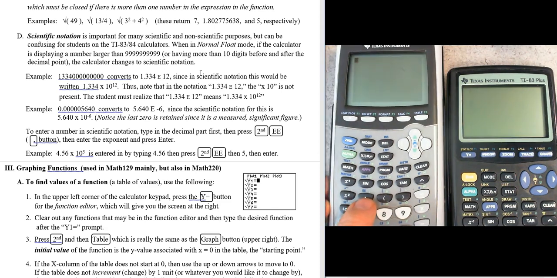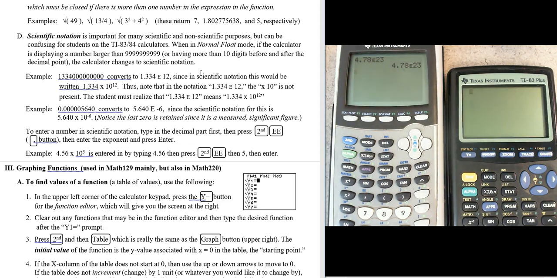That's what causes it to be exponential notation or scientific notation. So if I want, let's say, 4.78, and then I hit second comma, or second EE, and then you put in your exponent, let's say to the 23rd power. So now I have this number 4.78 times 10 to the 23rd power entered in my calculator.